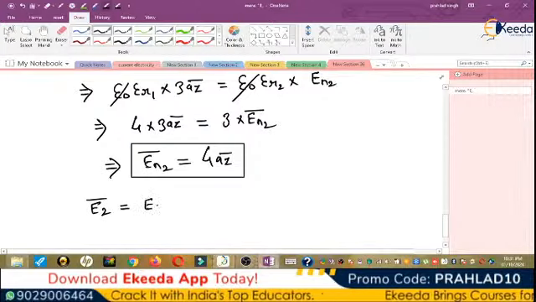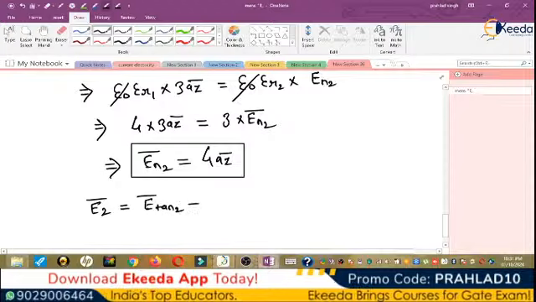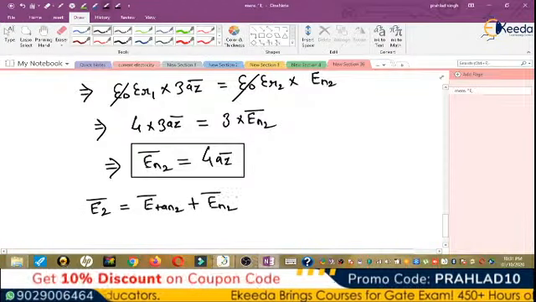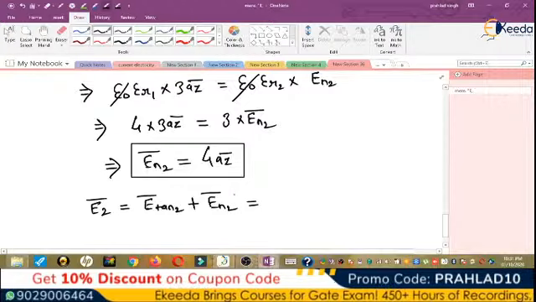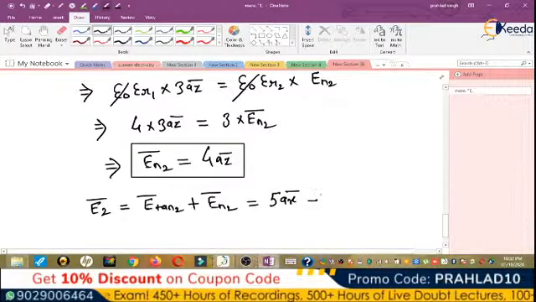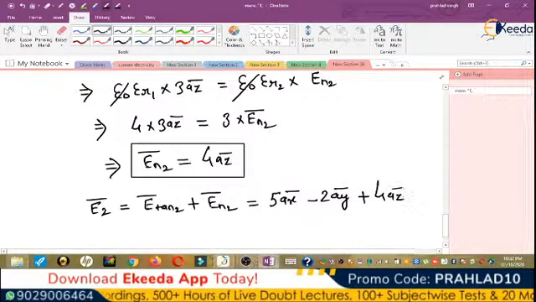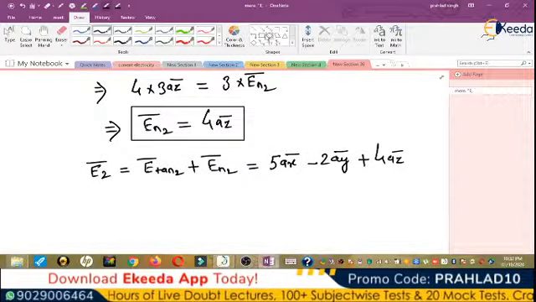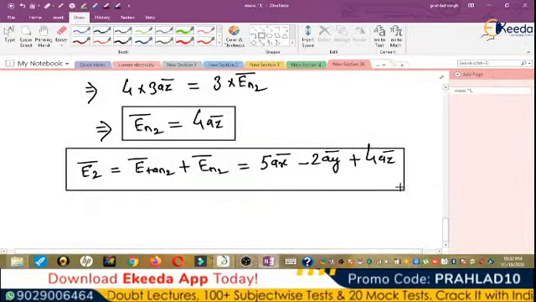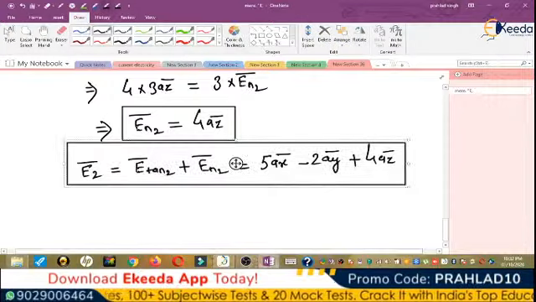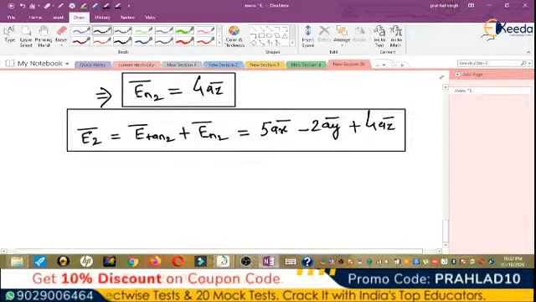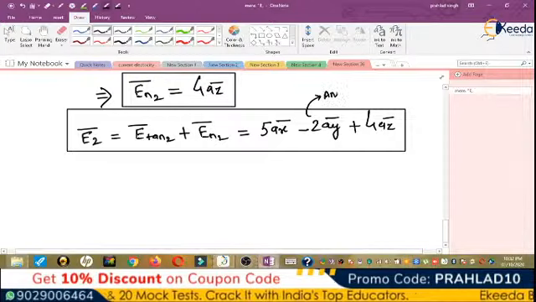So what is E2? E2 is Etan2 plus En2. It is 5ax minus 2ay plus 4az. So this is our answer for E2, which is asked in the question.